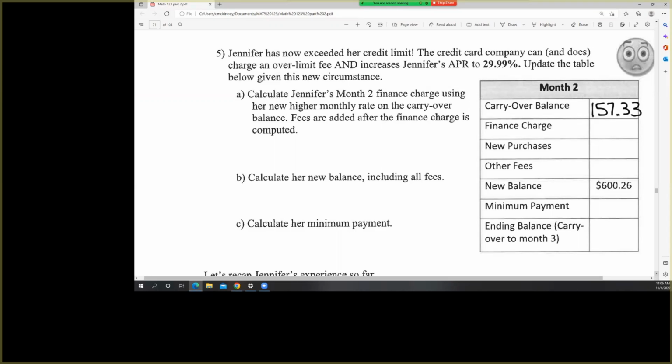We're assuming they're giving her the grace period on the other. There's also something called average daily balance, but we're not going to talk about that today. So we're just figuring this on the finance charge. It's in the order we're going to figure things. So we're going to do our finance charge on the 157.33.